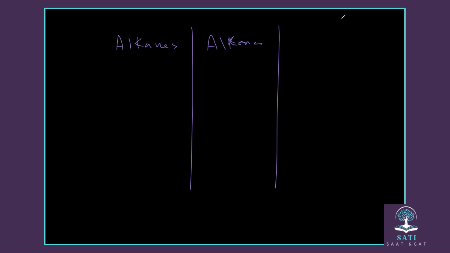Mainly, we have alkanes, alkenes, and alkynes. And the general formula for each one is CnH2n+2 for alkanes, CnH2n for alkenes, and CnH2n-2 for alkynes.